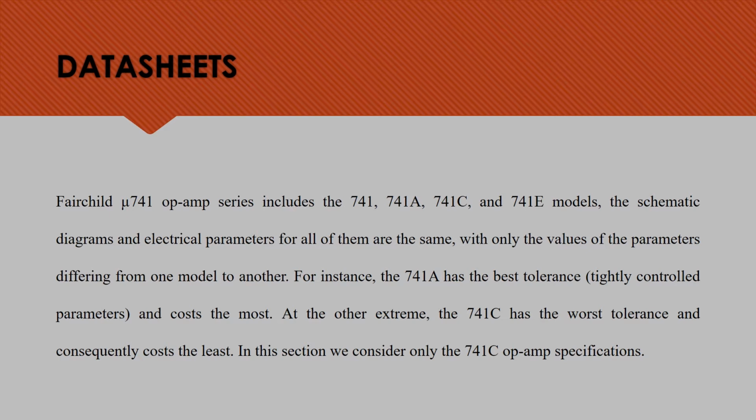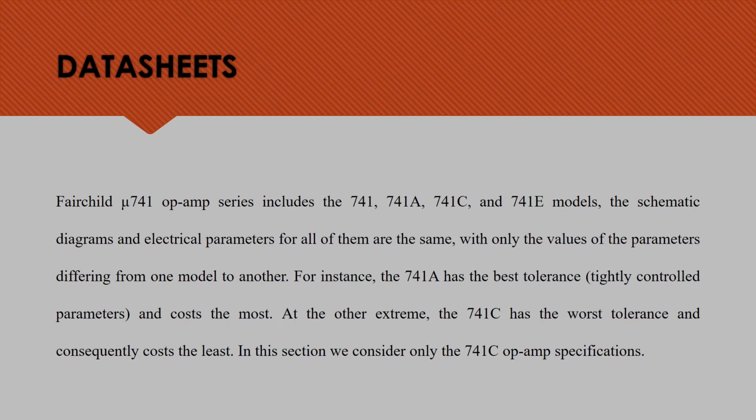For instance, the 741A has the best tolerance, that is, tightly controlled parameters, and it is the most costly. At the other end, 741C has worse tolerances and consequently the cost is least.